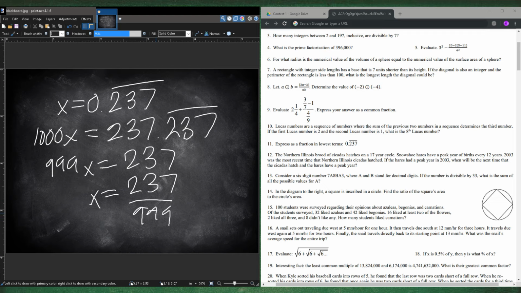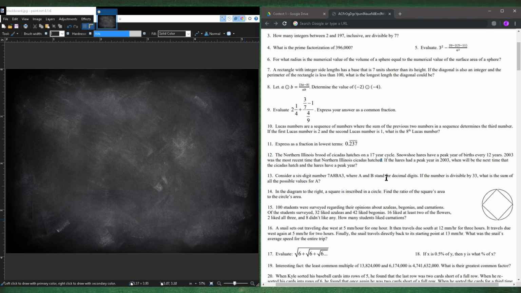You could just use your calculator to see what it simplifies to, which is 79 over 333, which is the answer. Just that simple. Next question.